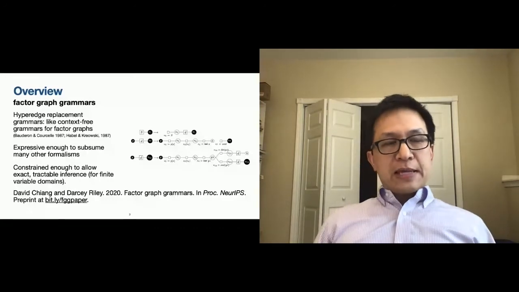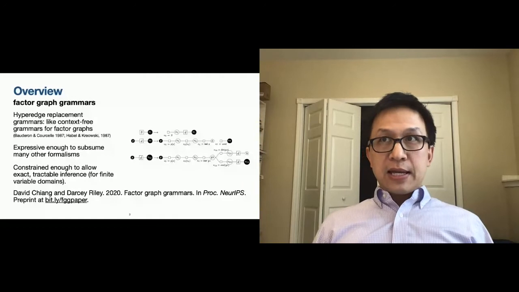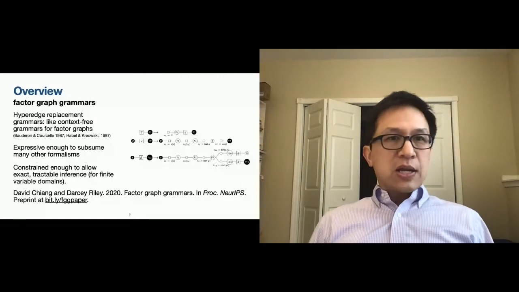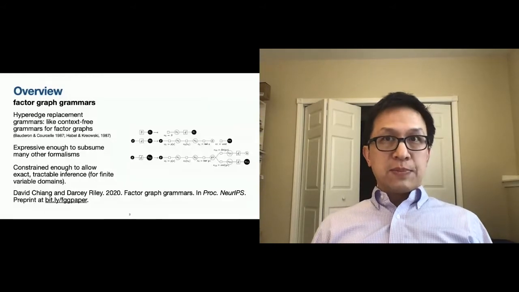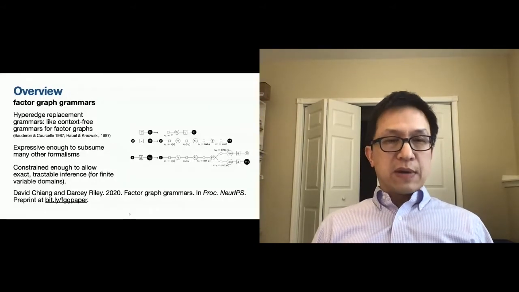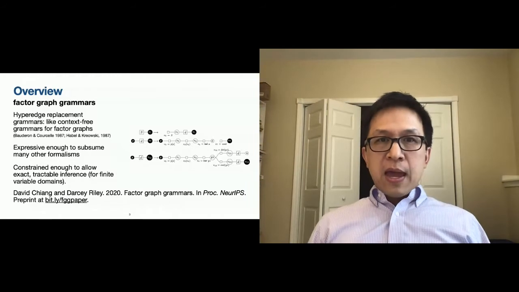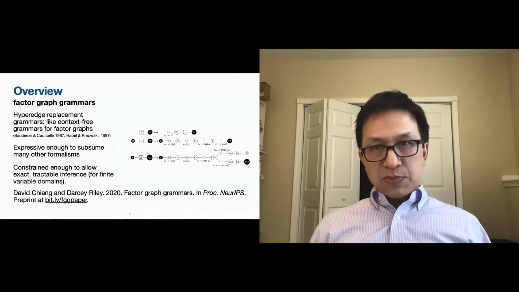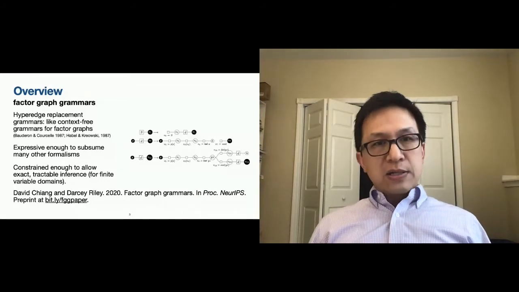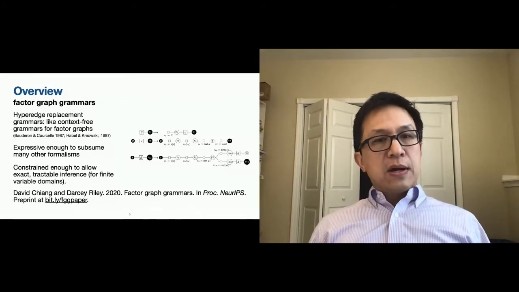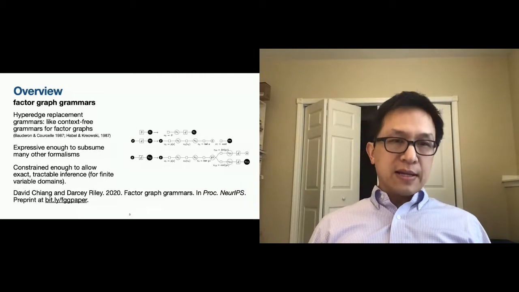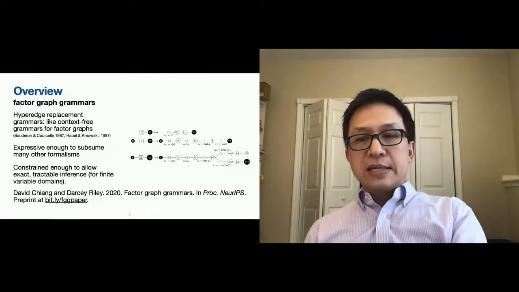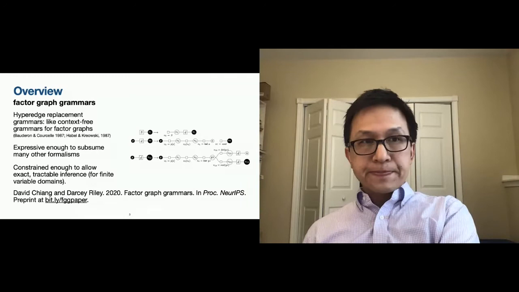FGGs are based on a formalism that was developed in the late 1980s called hyperedge replacement graph grammars. Essentially, they are context-free grammars for generating graphs, and we're using them for generating graphical models, factor graphs. FGGs are expressive enough to subsume many other tractable formalisms, and for finite variable domains they're also constrained enough to allow for exact and tractable inference.